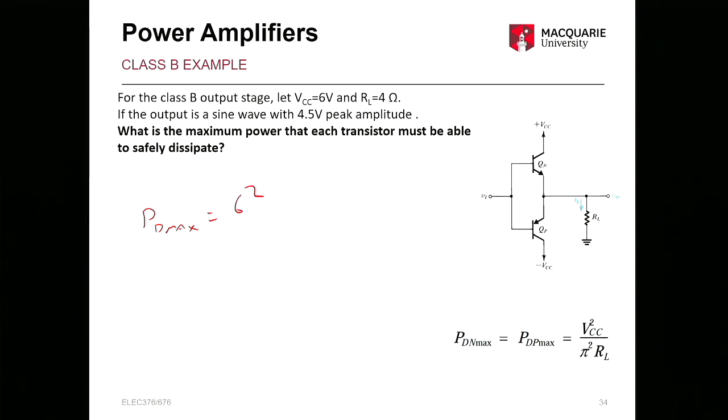Six squared over pi squared times 4, 0.91. Okay.